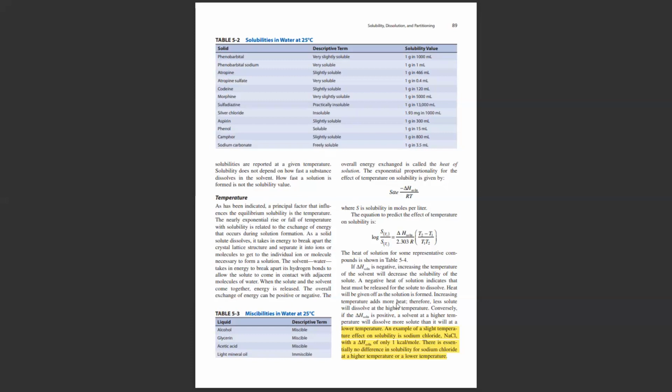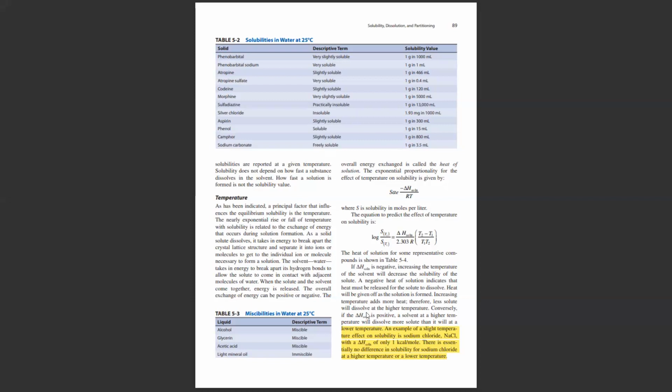So when the heat of solution is negative, an increase in temperature of a solvent usually will reduce the solubility of the solid. An example is a compound like calcium sulfate in water.